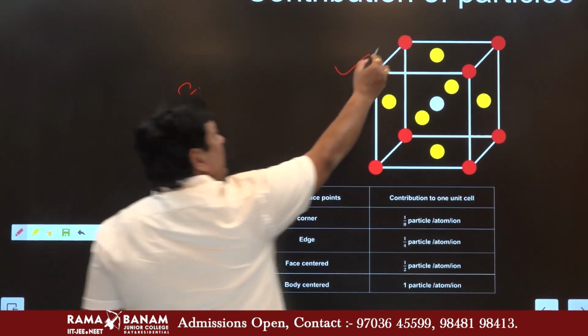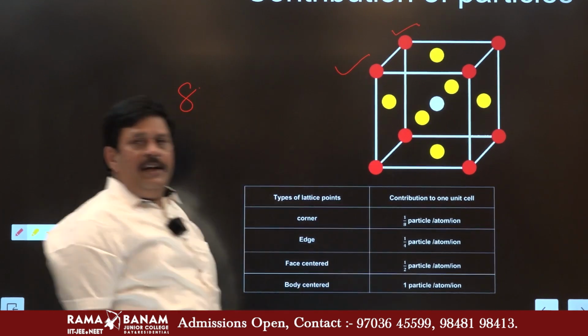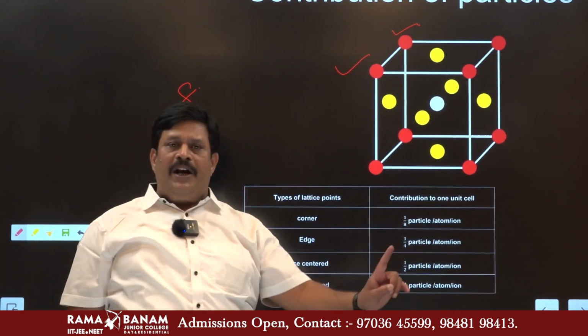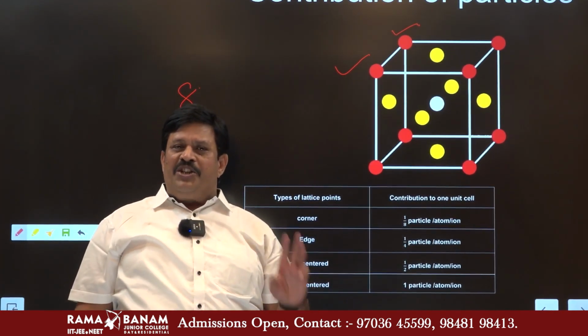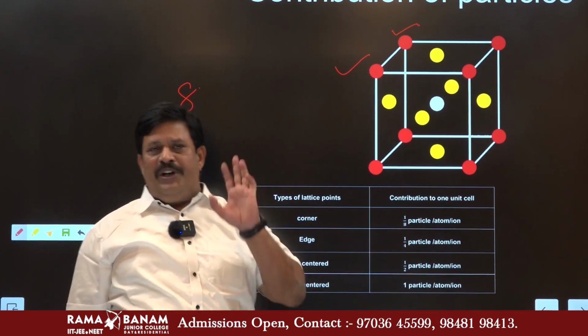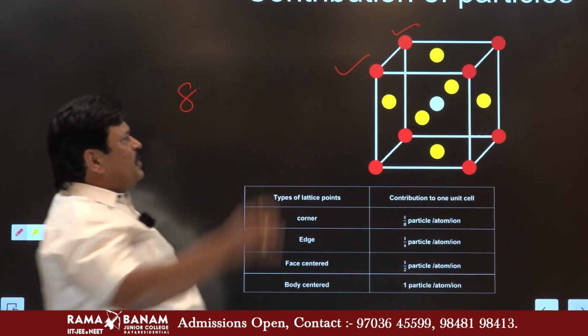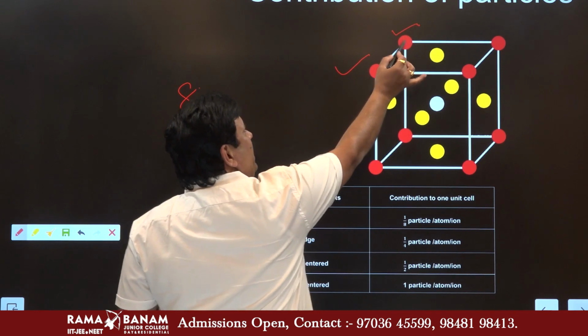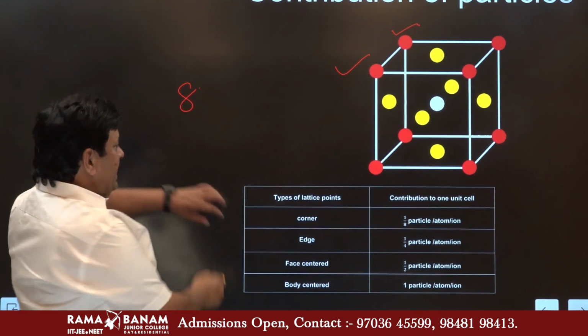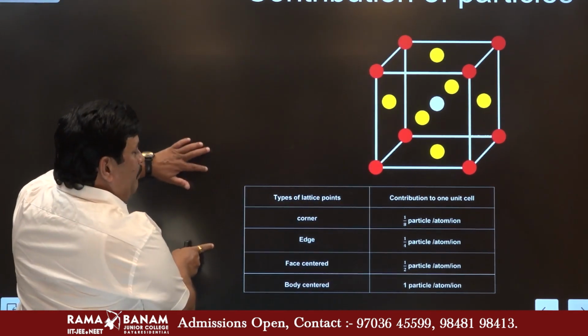It is not confined to one unit cell. It is shared by a total of 8 unit cells. So, the contribution of this particle for one unit cell is 1 by 8.